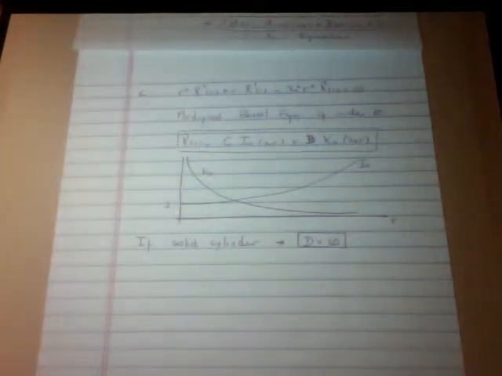So if the cylinder is solid, then D equals 0. If the geometry is a solid cylinder, not a hollow one, D must be 0 because the solution needs to be finite at R equals 0. All right.